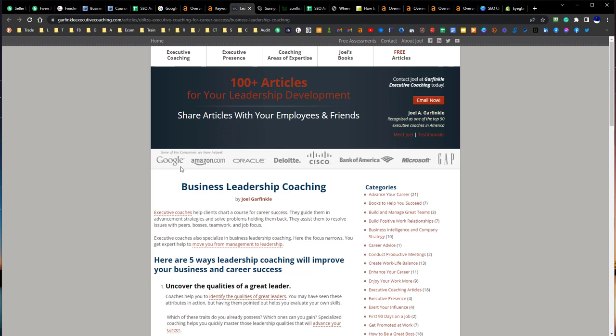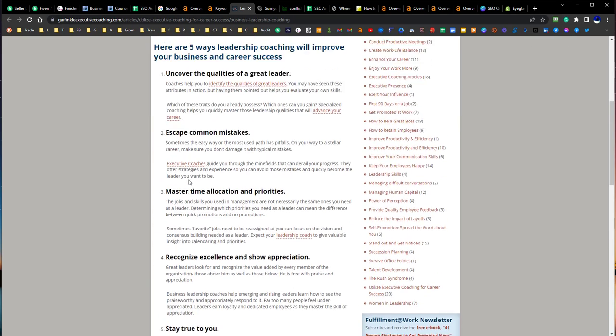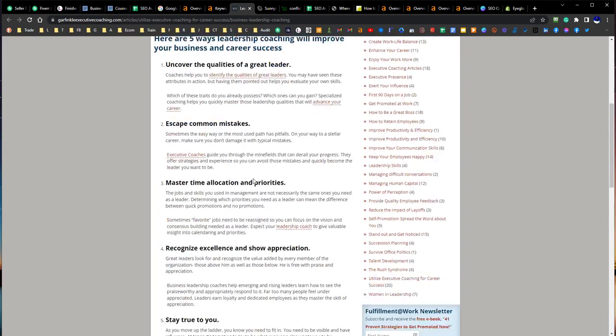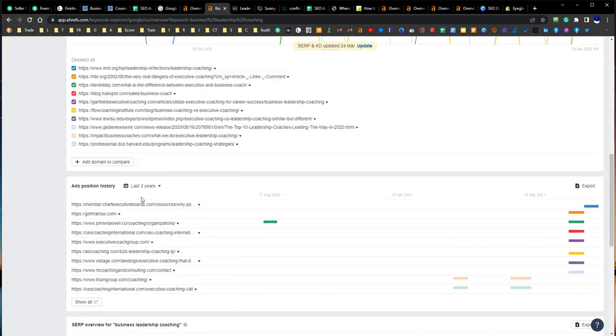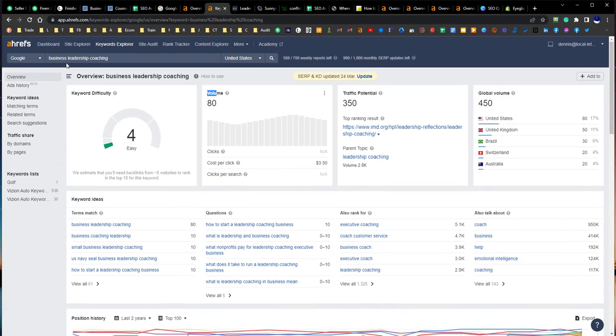So then you see within the content, there's also the keywords sprinkled within here. So executive coach, leadership coach, which are all part of this keyword that he's targeting, right? Leadership coaching.